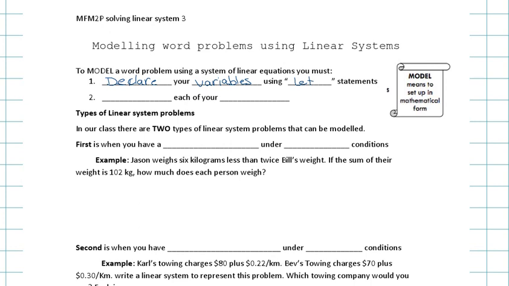So when I say declare your variables, that means if you have, let's say, the two variables x and y, you want to tell me what x represents and what y represents. Okay? So when you read the question, it says, let's say, the equation is c equals 3x plus 5, where c is the total cost and x is the number of scale points.